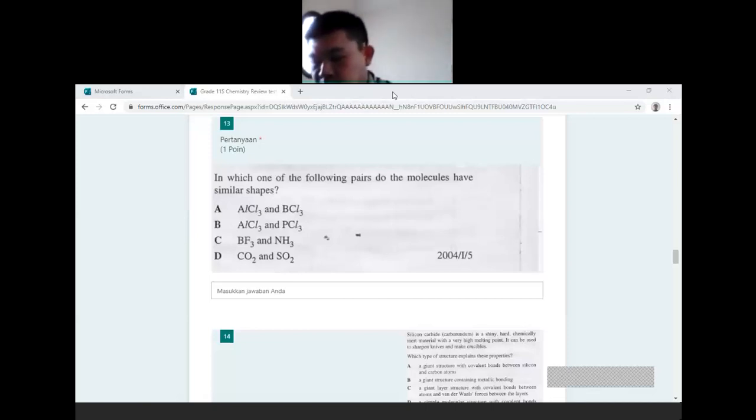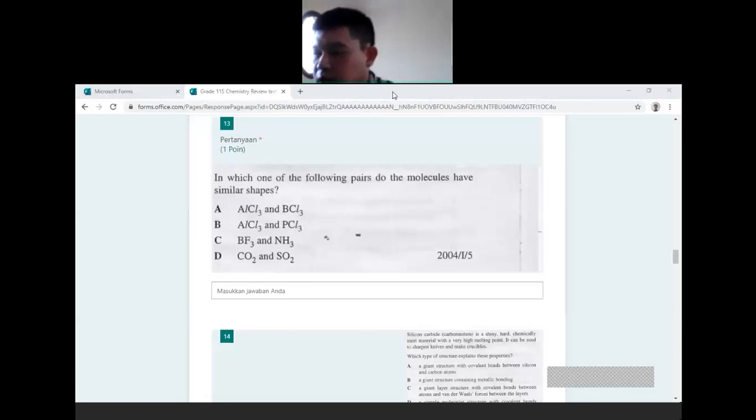And then in the carbon dioxide molecule, there are 2 bond pairs with no lone pairs, so the bond angle is 180 degrees.